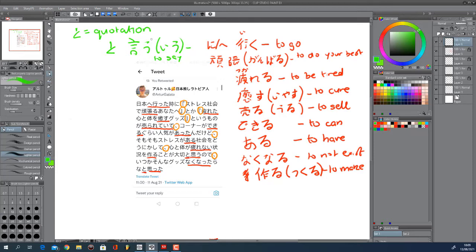Or you could say to omou to say blah blah blah, to omou to say I thought, and it's everything before it. As you can see, in Japanese, obviously things are not in the same order as English. And maybe we'll try and explain that as we go through this sentence.